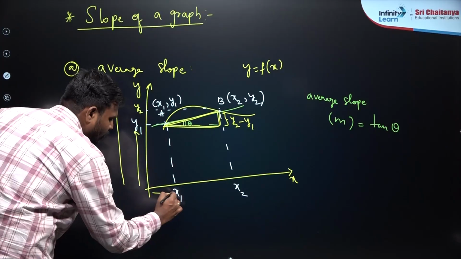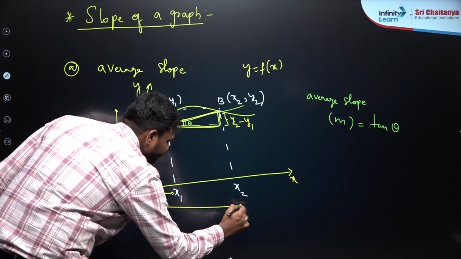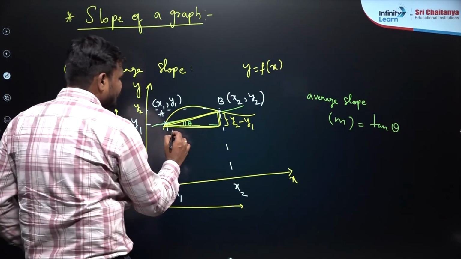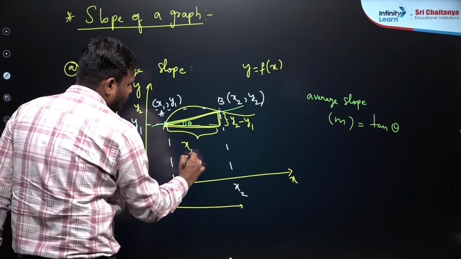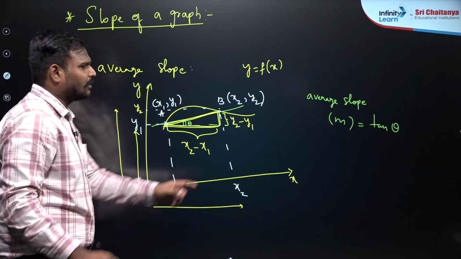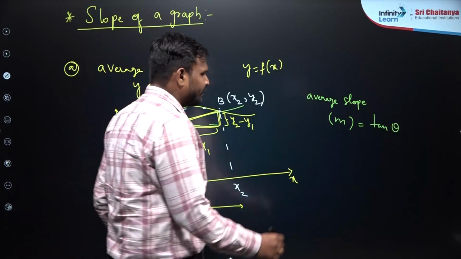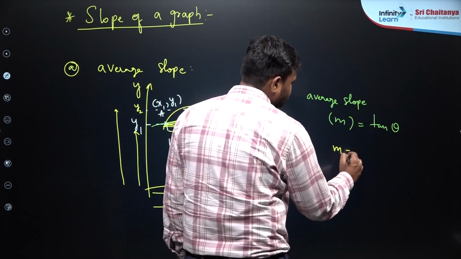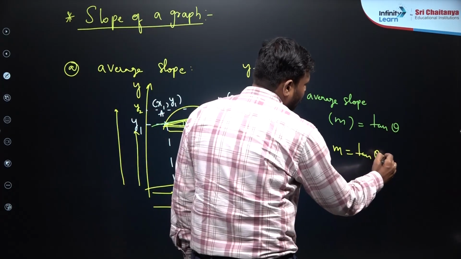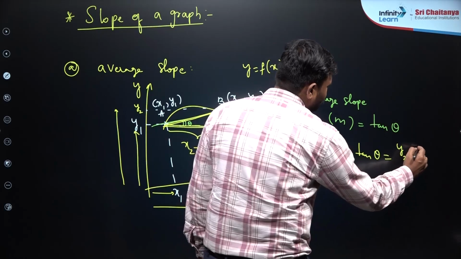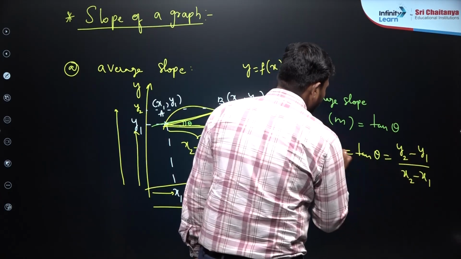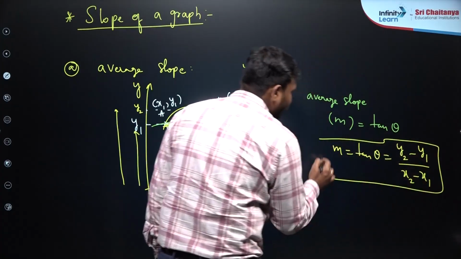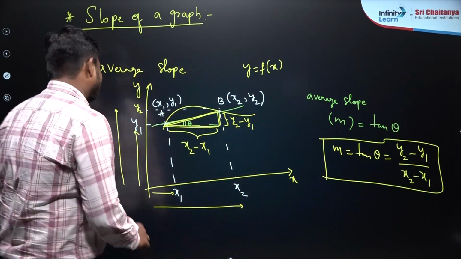And from here to here it is x1. From the origin to here it is x2. So the adjacent side of the triangle would be called as x2 minus x1. So the measurement, that is slope, which is nothing but tan theta, is becoming y2 minus y1 by x2 minus x1, that is change in y by change in x.